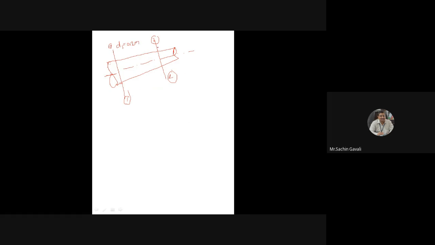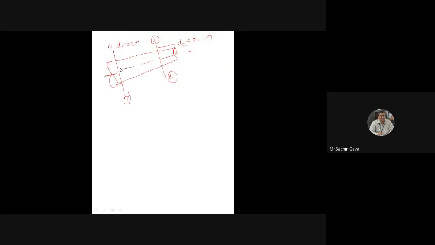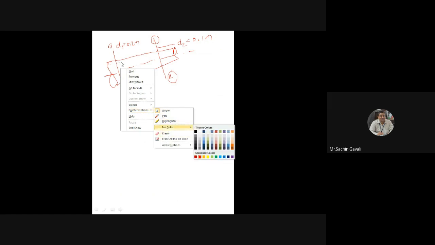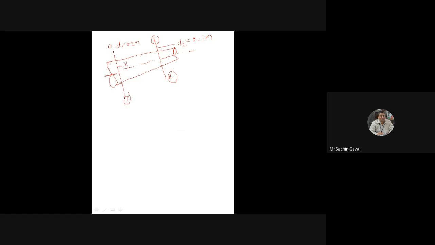At section 2, D2 is equal to 0.1 meter. The velocity of water at section 1 is V1 equal to 4 meter per second. V2 we have to determine, we do not know it.